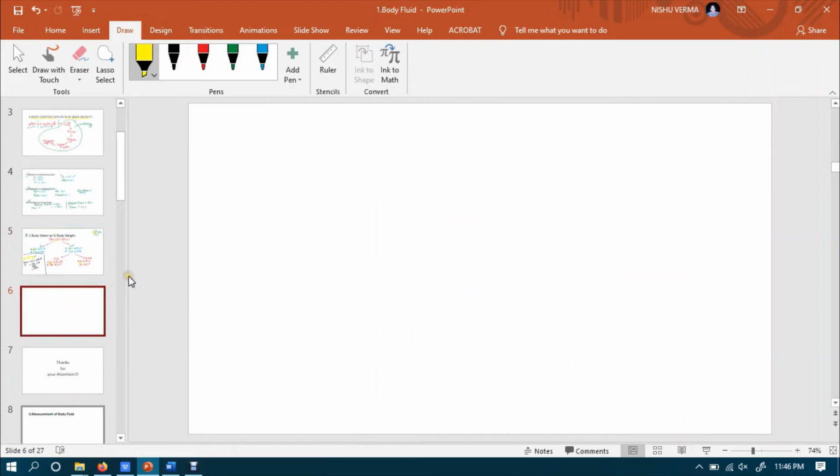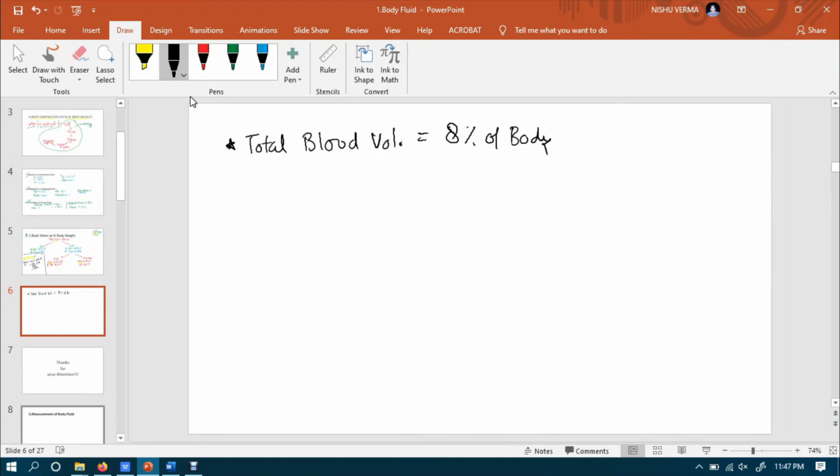The next thing: some questions ask for the total blood volume. How can we find the total blood volume? There is a direct formula: total blood volume is equal to 8% of the body weight. From where do I get this formula?